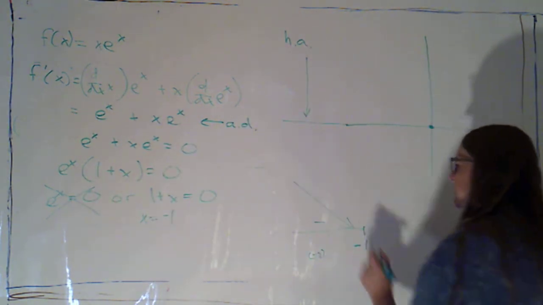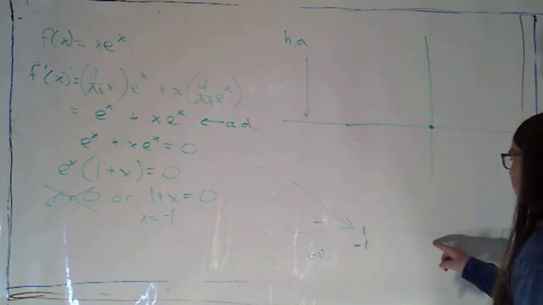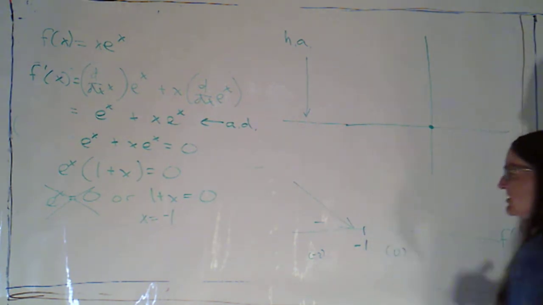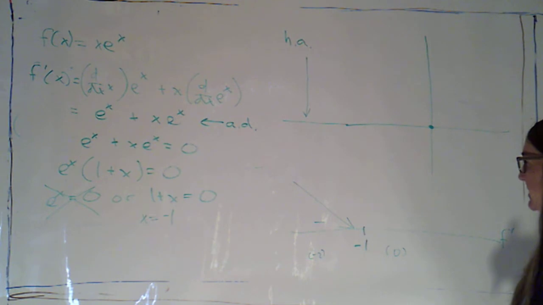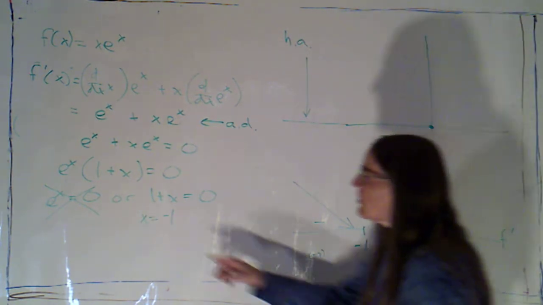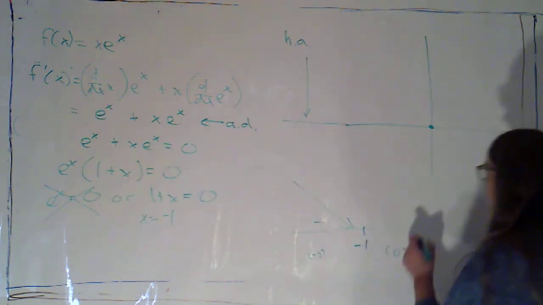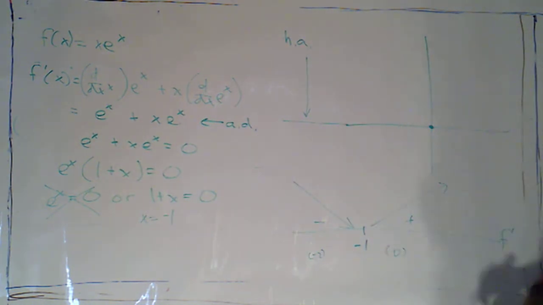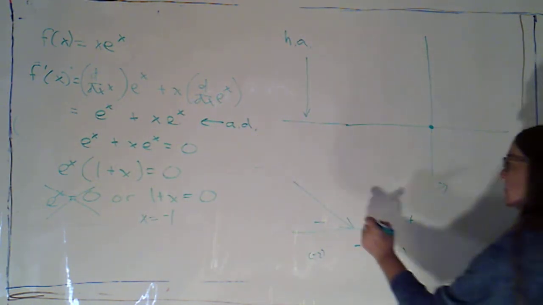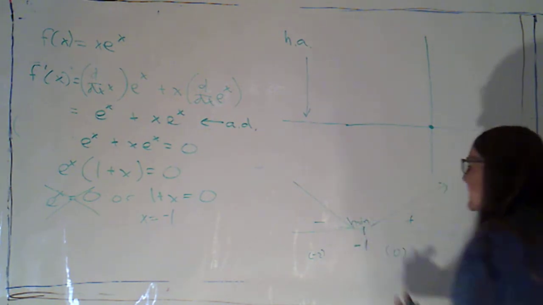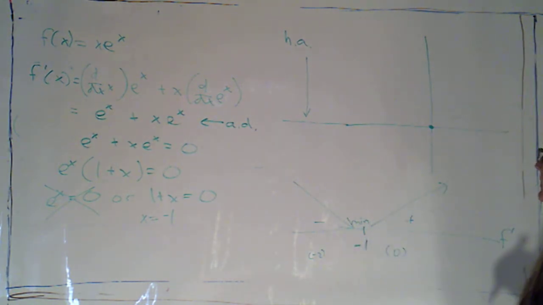So I know my function is going down. And then to the right of negative 1, I can just plug in 0, which is kind of nice. And if I plug in 0, I'm going to get e to the 0 is 1, that's positive. 1 plus 0 is also positive. So my function is going up. So that tells me that I'm going to have a min at negative 1.